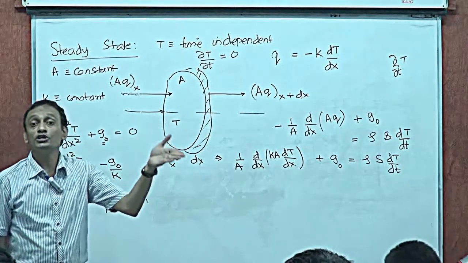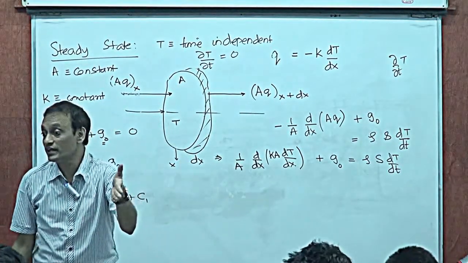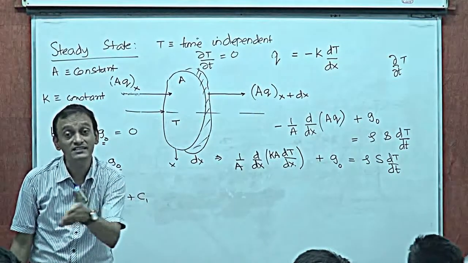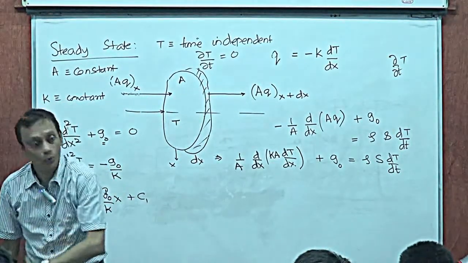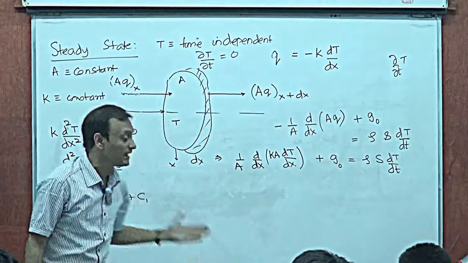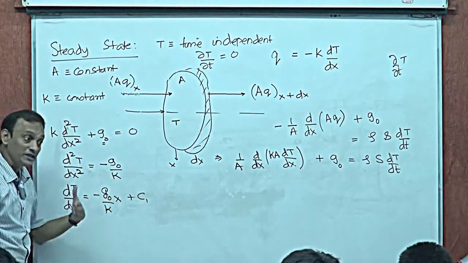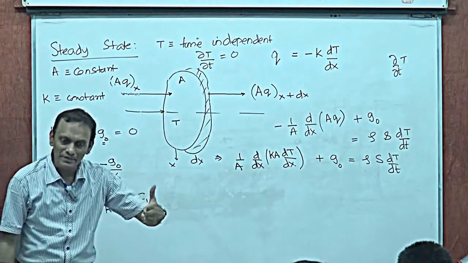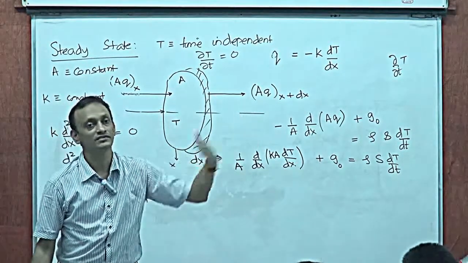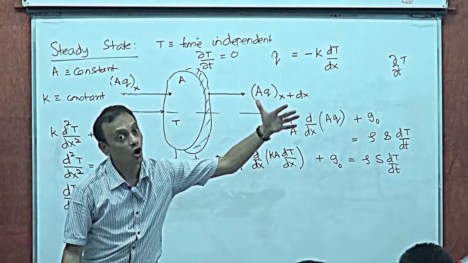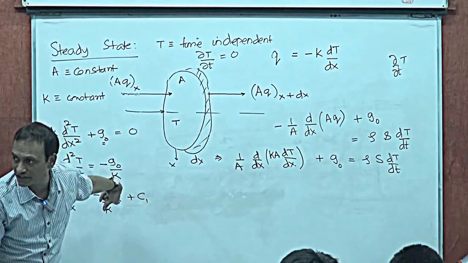That means the rate of change of temperature with x would have been x independent. That means the temperature gradient would have been the same for all x if there was no internal heat generation.